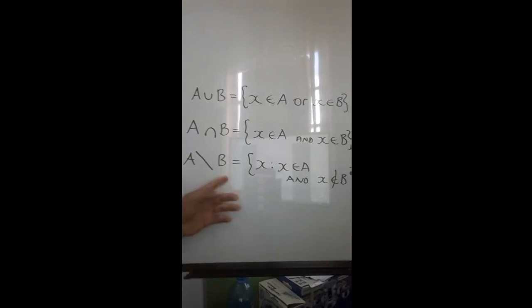Complement of B relative to A means it is in A but it's not in B. Notice what I said first, complement of B. So right away you know it's not in B. It's relative to A now, so it must be in A. So you want to find out what is in A but not in B. That's what this is saying.